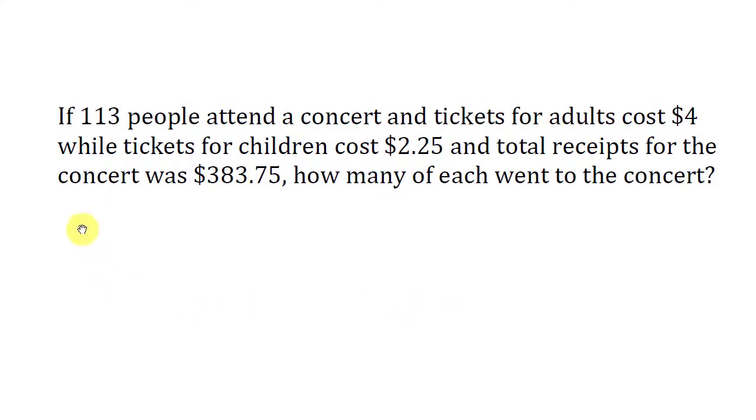It says: if 113 people attend a concert, and tickets for adults cost $4, while tickets for children cost $2.25, and of course these ticket prices are for each adult and for each child, and the total receipts for the concert was $383.75, how many of each went to the concert?